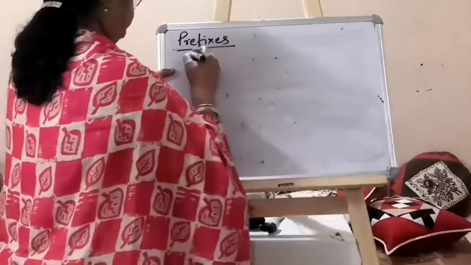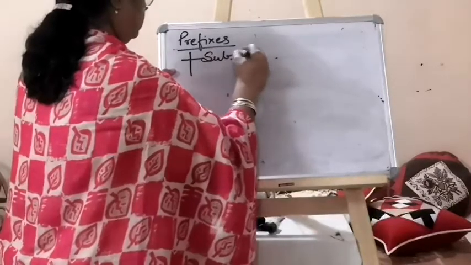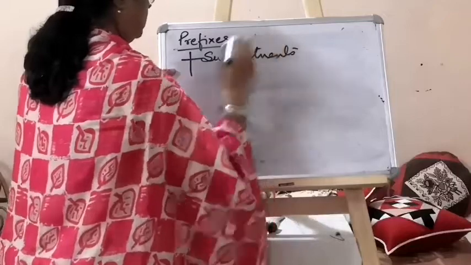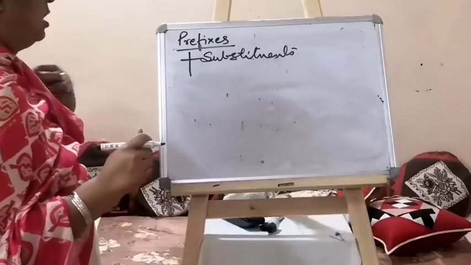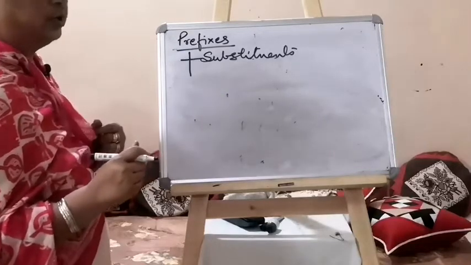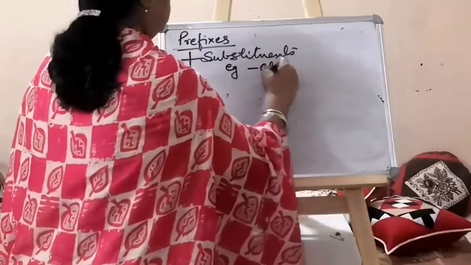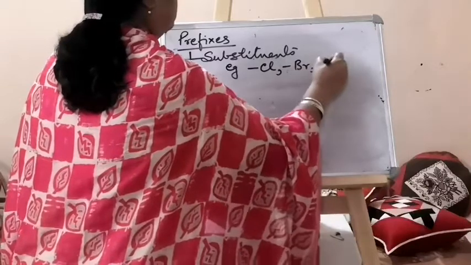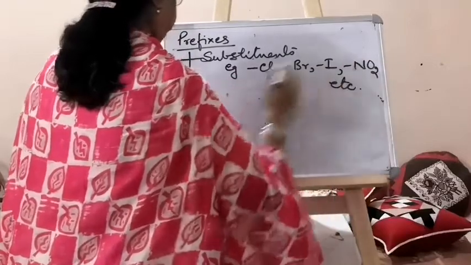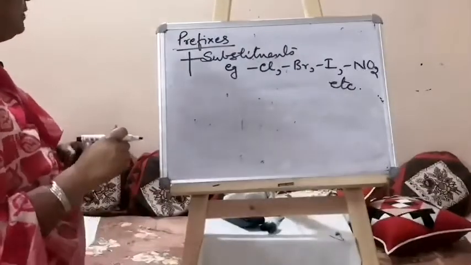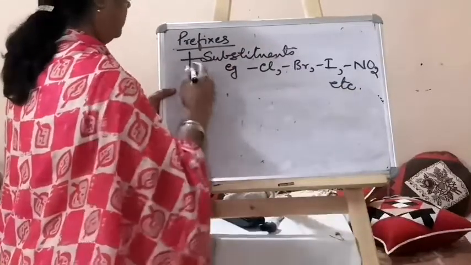First, that is your substituent. Substituents are atoms or groups of atoms which are not considered as functional groups. Examples: chloro, bromo, iodo, nitro, etc. Oxo is also there. Epoxy. Those are substituents. Okay, this is one thing.